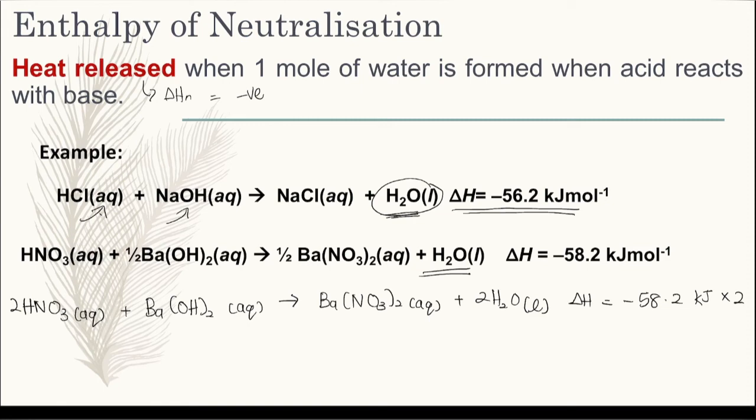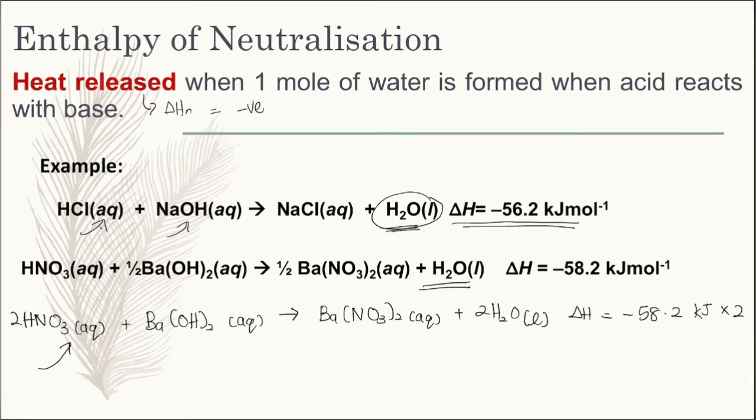The other way for you to balance this equation is this way. 2 moles of nitric acid plus 1 mole of barium hydroxide producing 1 mole of barium nitrate and 2 mole of water. In this case, the value of enthalpy will not be the same since the amount of water here is 2 mole of water. So the value of enthalpy will be different.